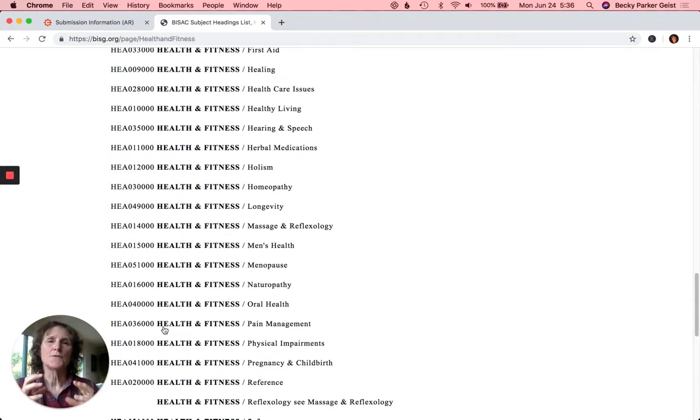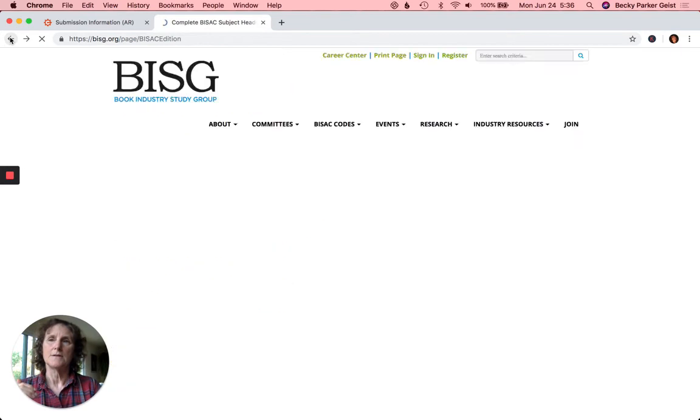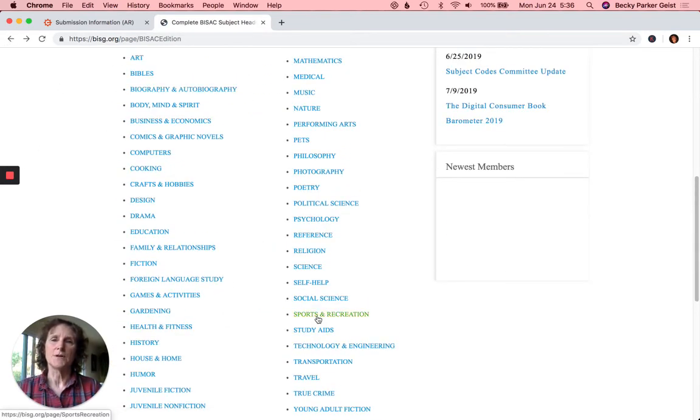Collect all of your possible categories, and then you want to figure out what is the very, very best fit of all of them. That's going to be your number one category. There are some advantages to having a book that is in different larger categories. So that crosses, maybe you have psychology and self-help and maybe health and fitness, but only if it's a good fit for your book.